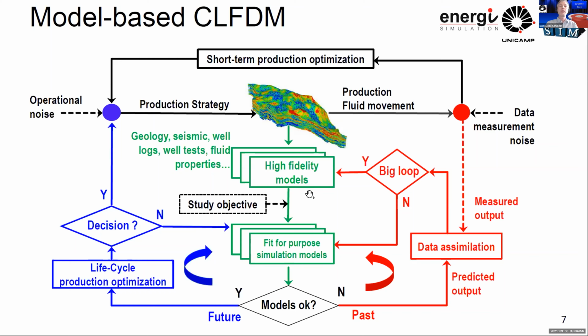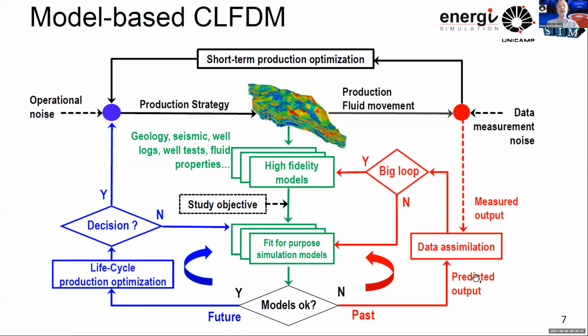So we are developing techniques to simplify the models, like the ones that Sebastian Geiger showed today, or even low, medium, or high fidelity models, that we call fit for purpose models, which have the best relationship between the quality of the results and the time we have to wait for them to run. They also have to be fast enough to be included in this probabilistic approach.